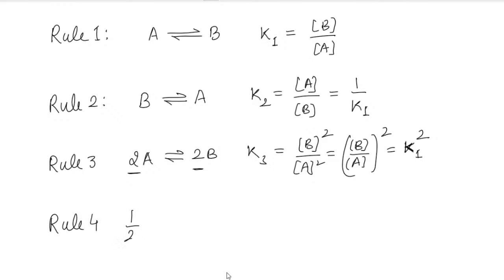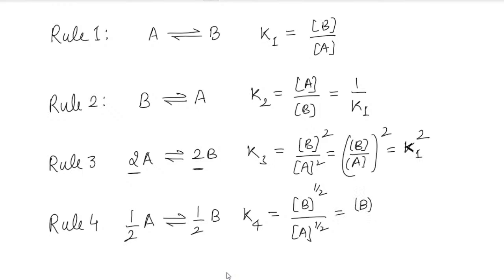If we divide by any number, again same case, B raised to power 1 by 2, A raised to power 1 by 2, that is B over A raised to power 1 by 2, that is K1 raised to power 1 by 2, right?